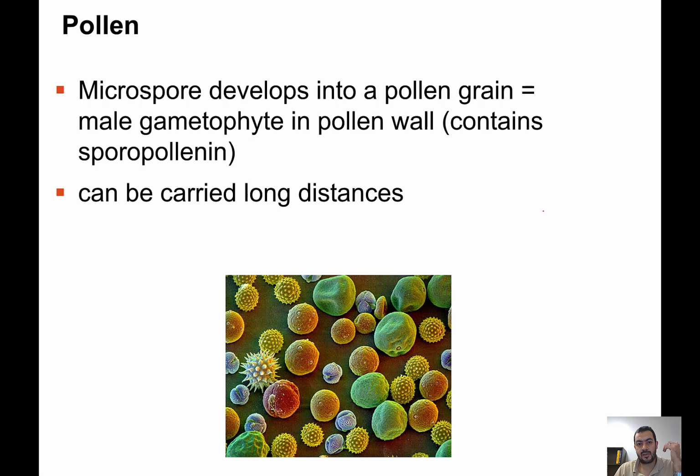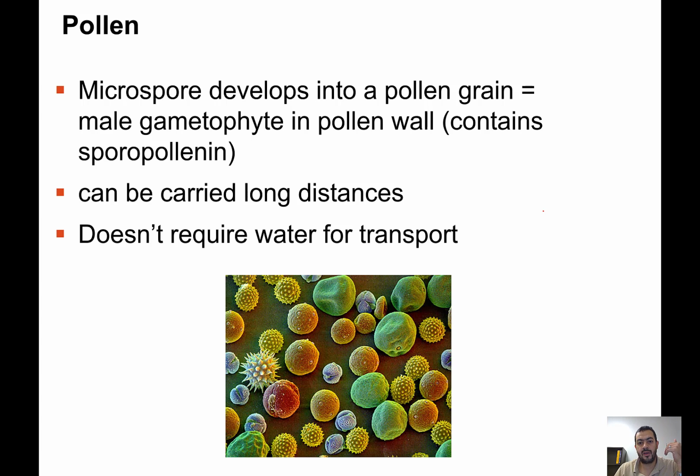And as we said, there is the added advantage of not being dependent on the presence of water for transport and fertilization. So we already covered the thickened wall, which is rich in sporopollenin, before, and now the sperms are enclosed in this thickened sporopollenin wall.